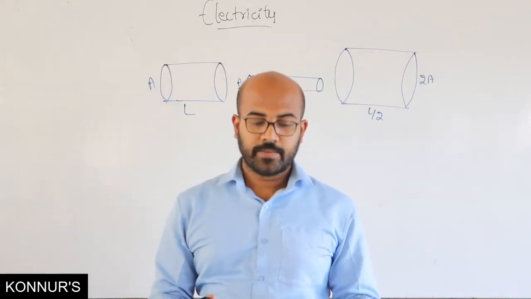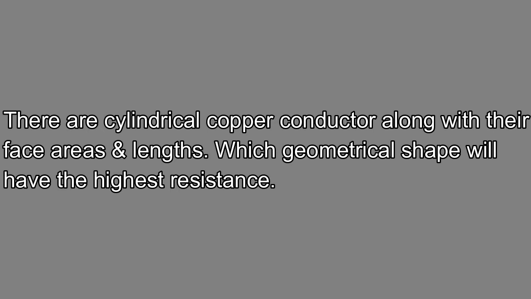Coming to the next one: there are cylindrical copper conductors along with their face areas and lengths, which geometrical shape has the highest resistance. So there are 3 cylindrical copper conductors along with their face areas and lengths as shown.